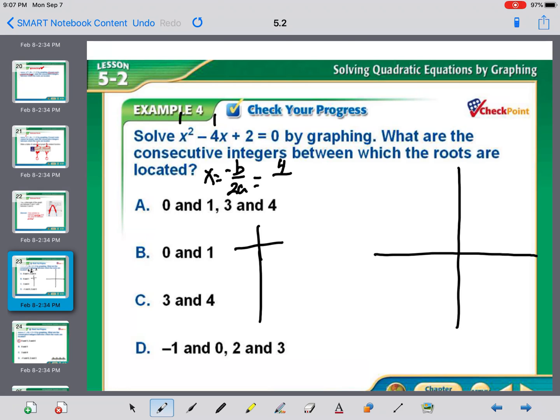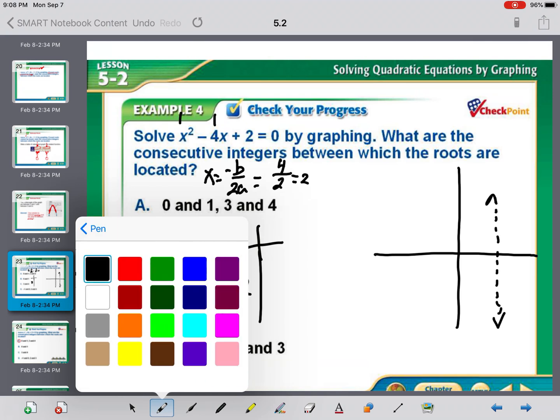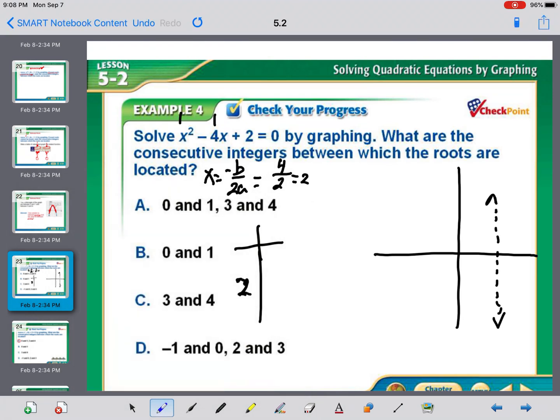So when I do negative b over 2a, the opposite of b is positive 4, and the a is 1, so that's 2. So the axis of symmetry is over here at x equals 2.